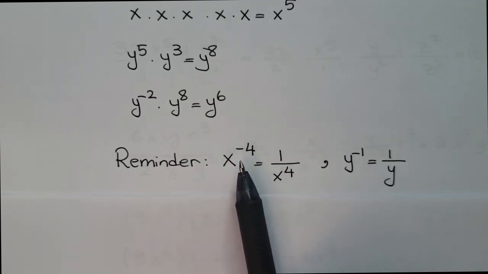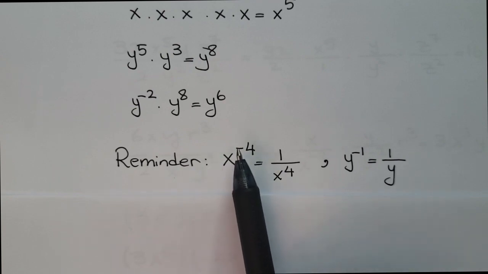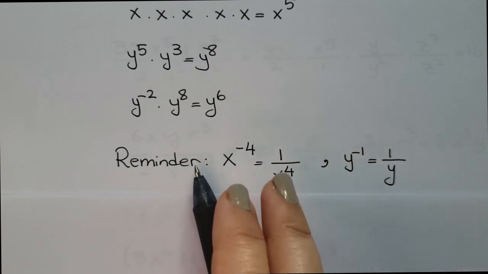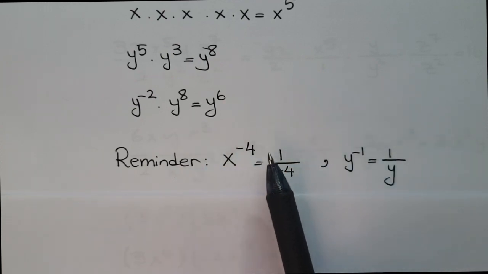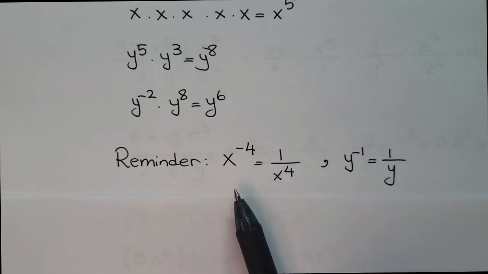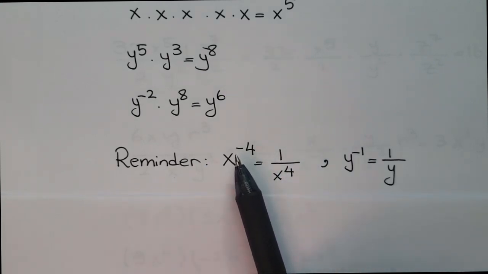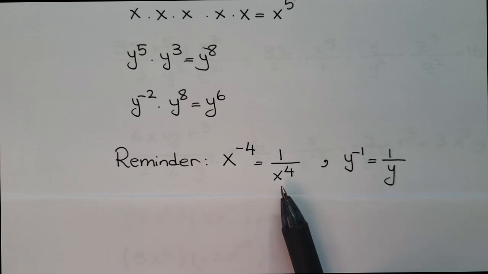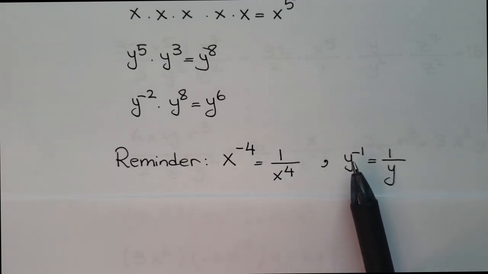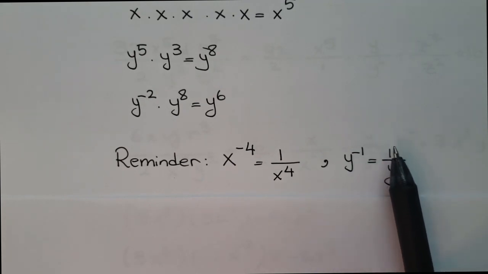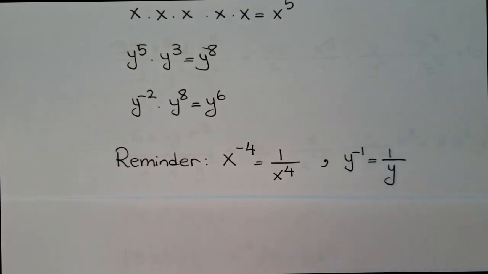But then because it has a negative sign, that means it's flipped. So it would be 1 over x to the power 4. So this negative sign always flips, right? So here, y to the power -1, it's technically y to the power 1, but then it's flipped, okay?